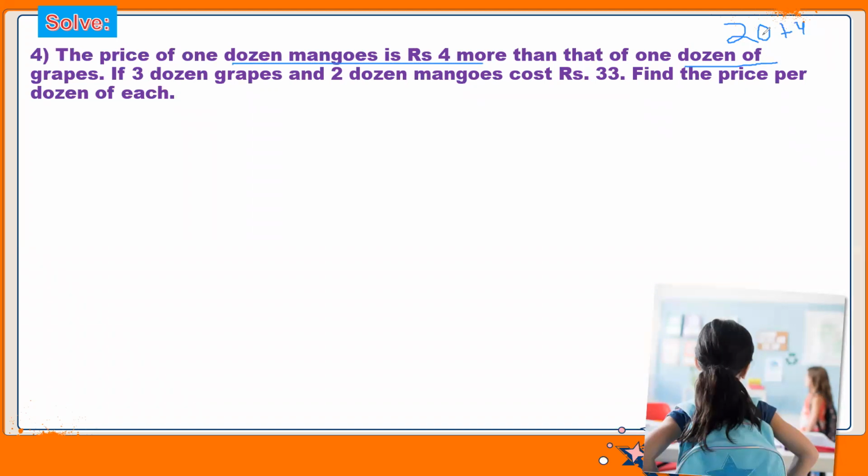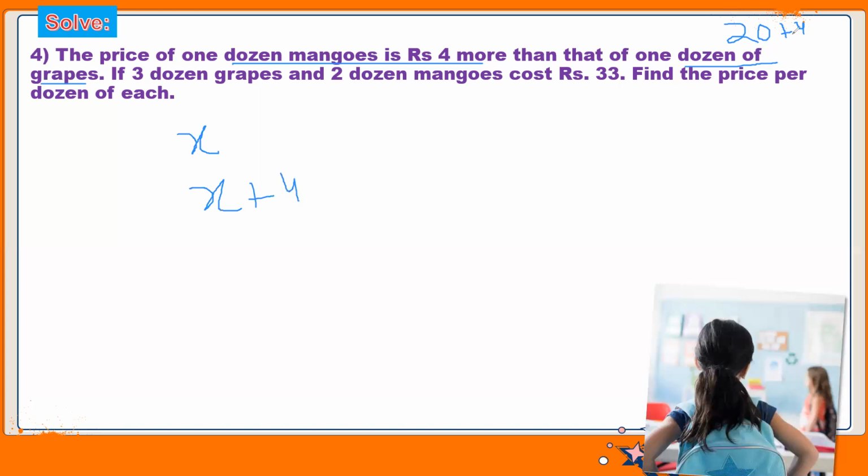But here in this question, we don't know the price of grapes as well as the price of 1 dozen mangoes. So what we have to do, students, is suppose the price of 1 dozen grapes first. Let's suppose the price of 1 dozen grapes is X. Then what will be the price of 1 dozen mangoes? It is 4 rupees more, which means X plus 4.